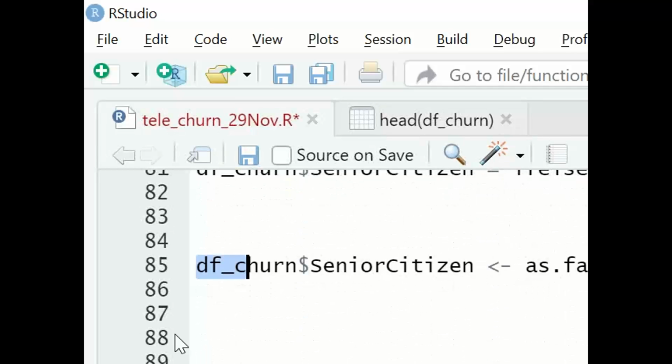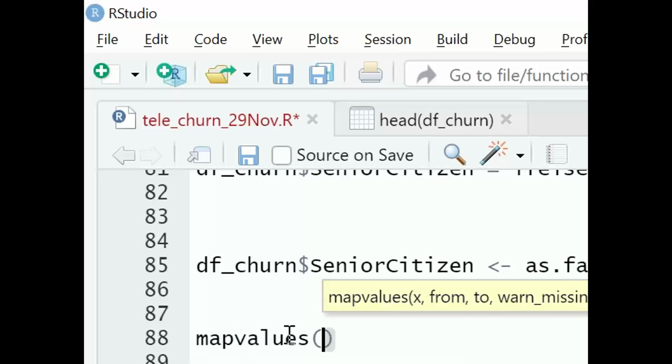So what we are doing is we are saying I would like to update my column of senior citizen. I am saying first convert all the data into as.factor and map the values. In mapvalues, we write it like this. Then you define your dataset name, that is df_churn.